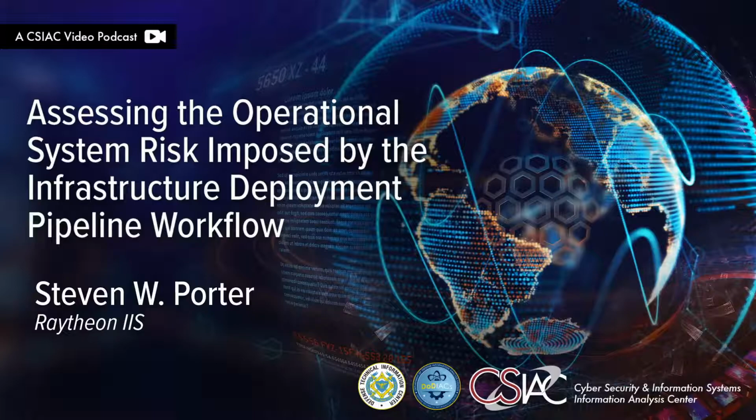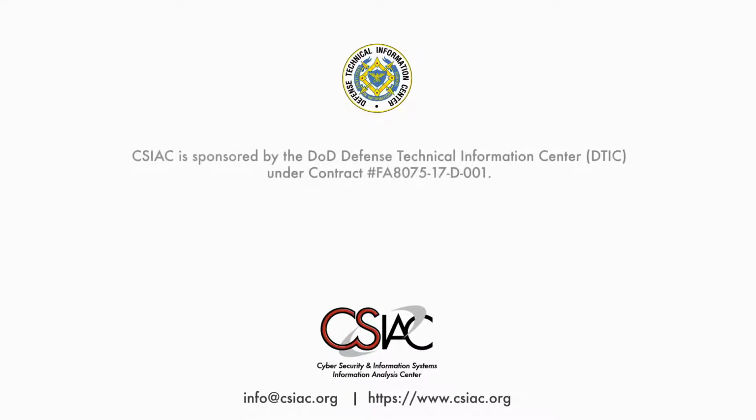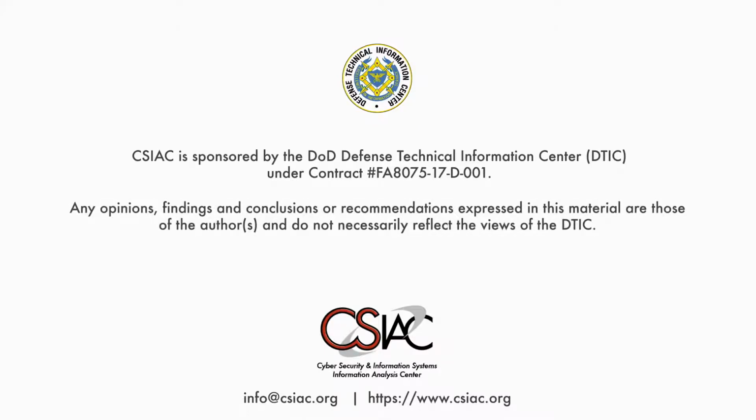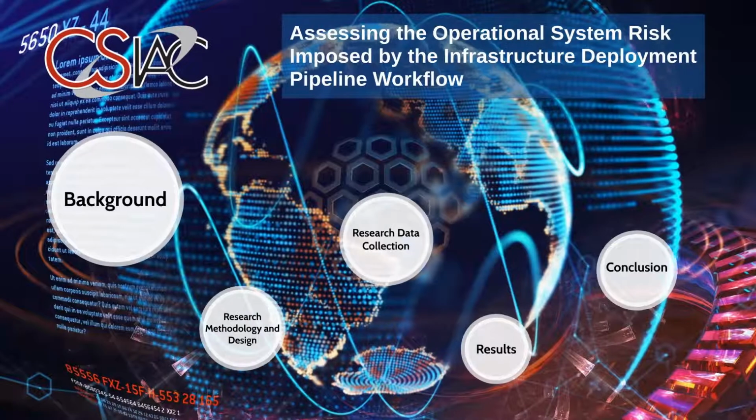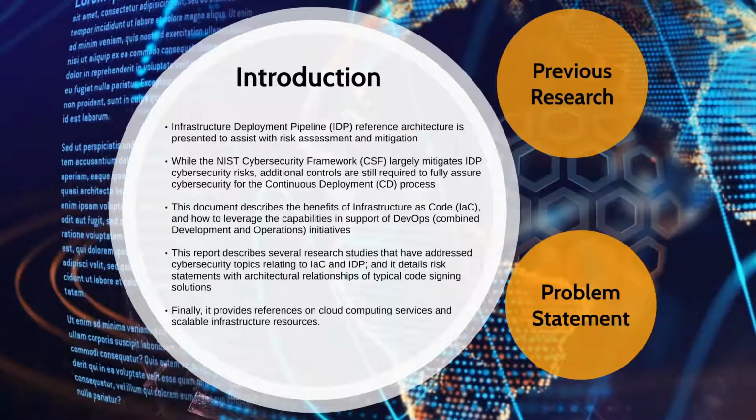This episode will examine the infrastructure deployment pipeline workflow and assess the risk that this may impose upon an operational system. In this podcast, a generalized infrastructure deployment pipeline, IDP, reference architecture will be presented to assist with risk assessment and mitigation.